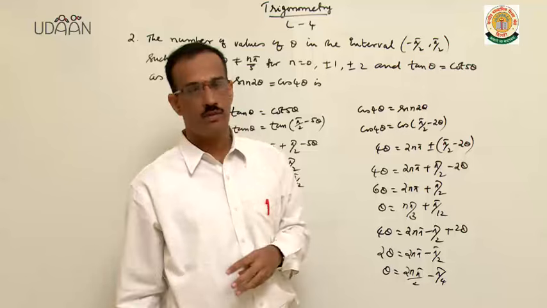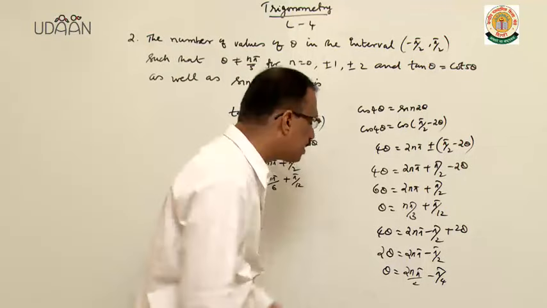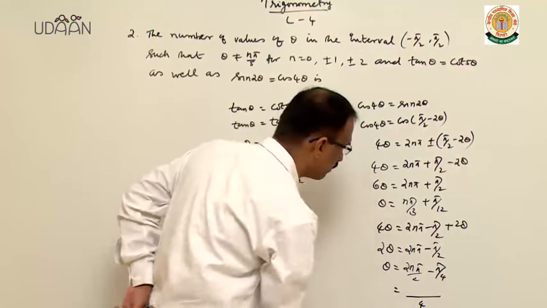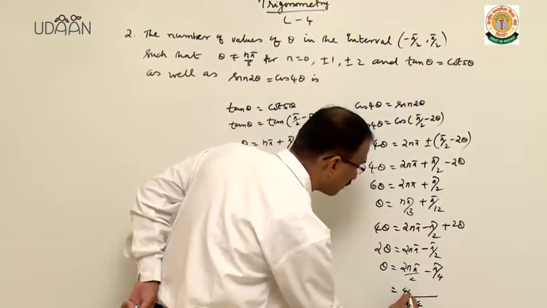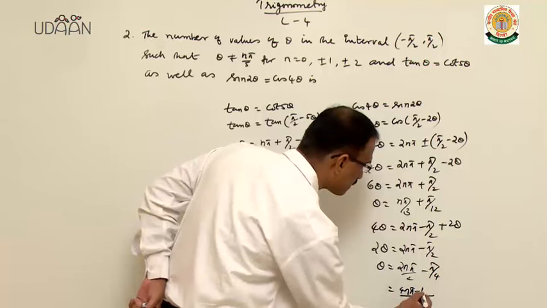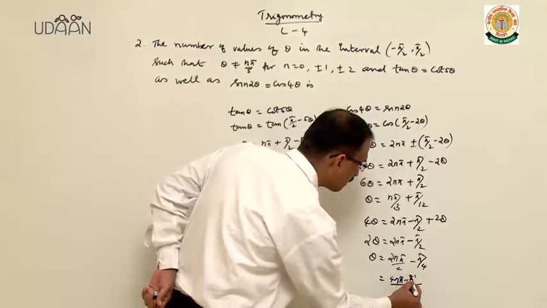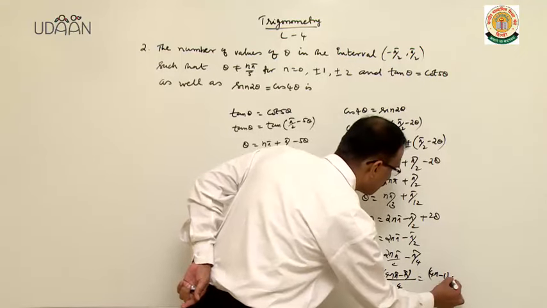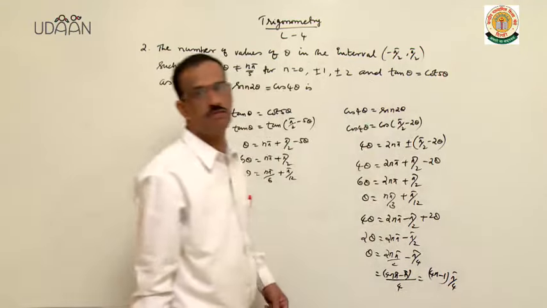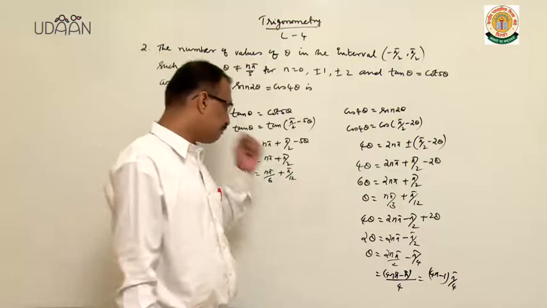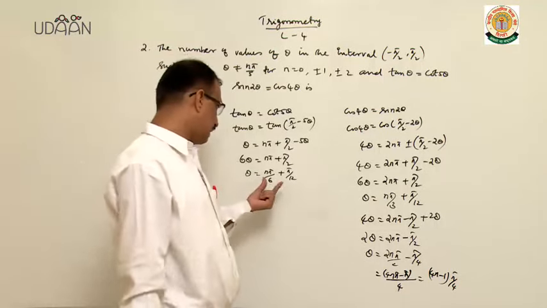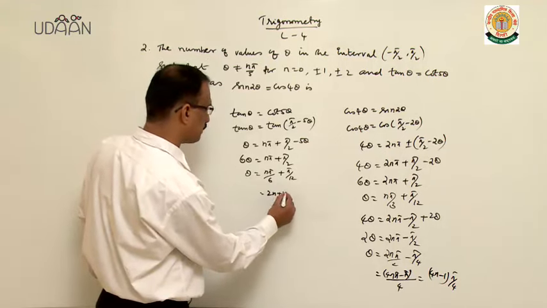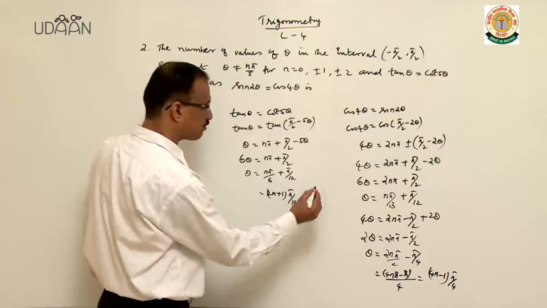to pi by 2, we will get, even this one you can simplify as, LCM 4. So, this will give us 4n pi minus pi, or 4n minus 1 pi by 4. And here you can simplify this as 2n plus 1 pi by 12.